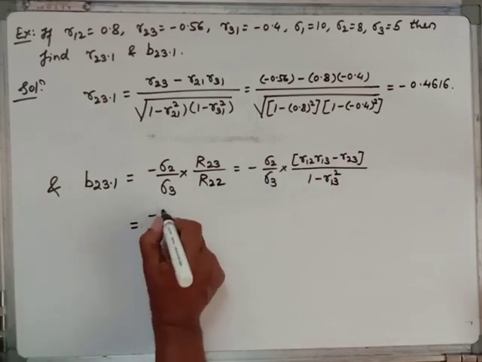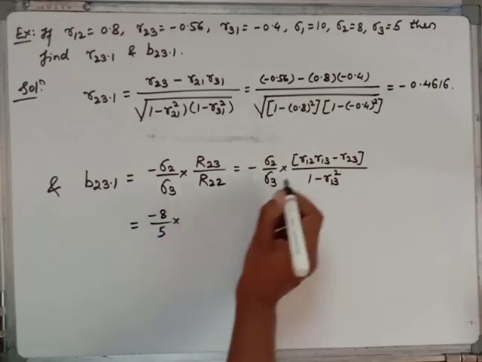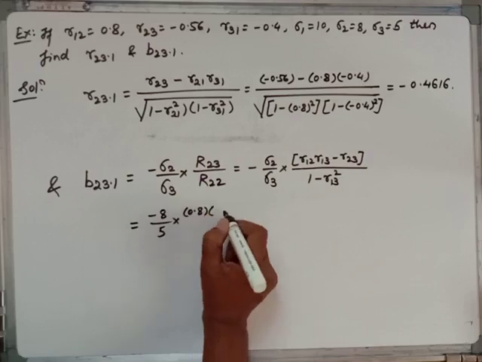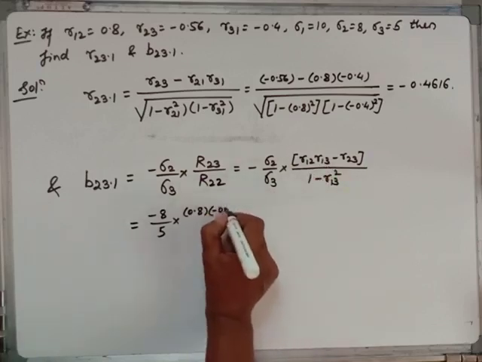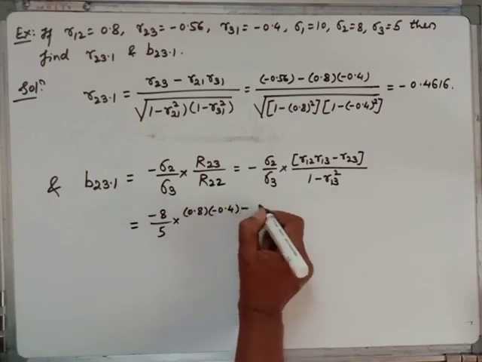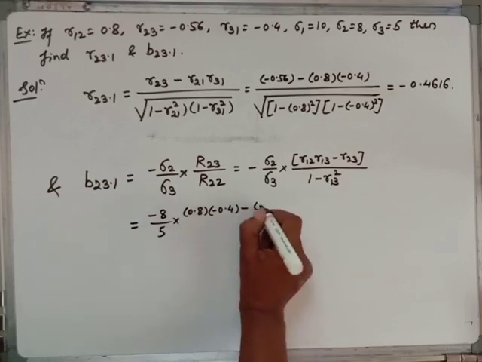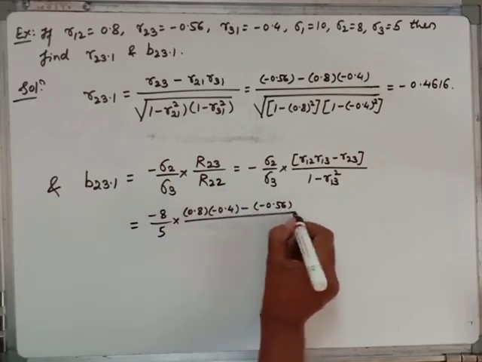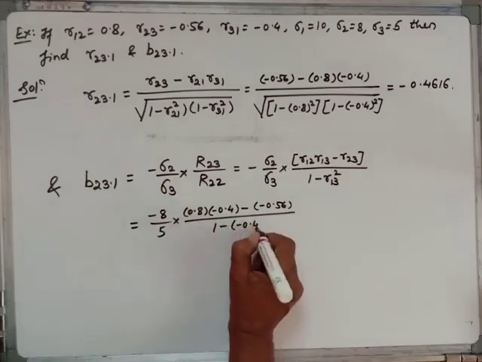Minus sigma 2 is what? 8 upon 5, right, into these one, 0.8 into minus 0.4 minus 0.56, right, upon 1 minus 0.4 square.